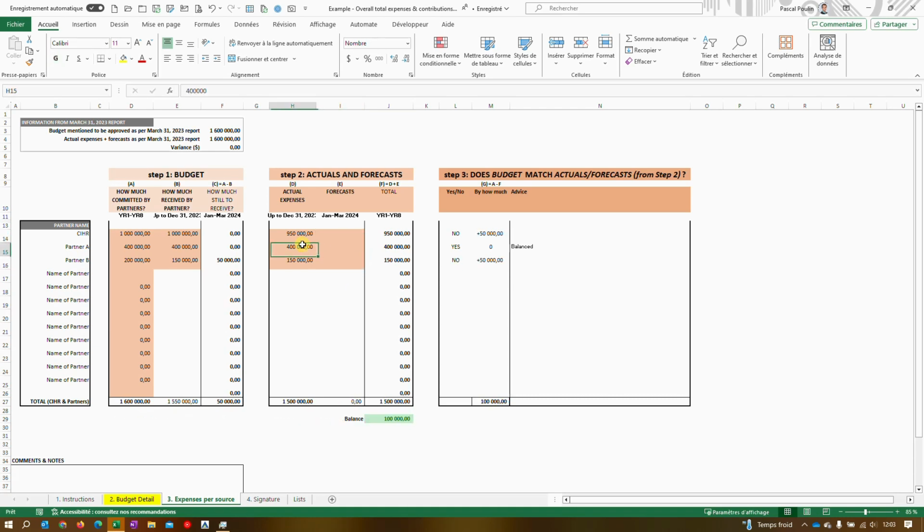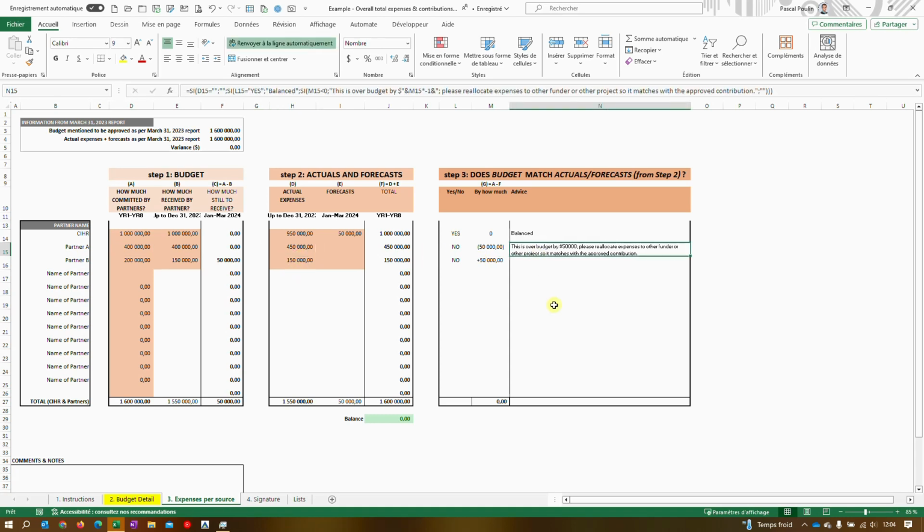And the last figure that could happen would be that you have, for instance, 450,000 here, and let's say that this full million is completed, so you're going to use that, and here you had $400,000 committed, and that you spent 450. So you will have a message here that this is over budget by 50,000.